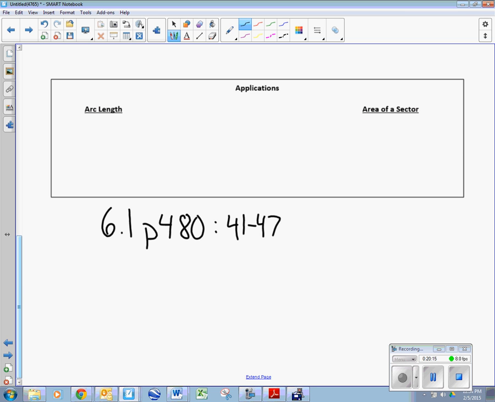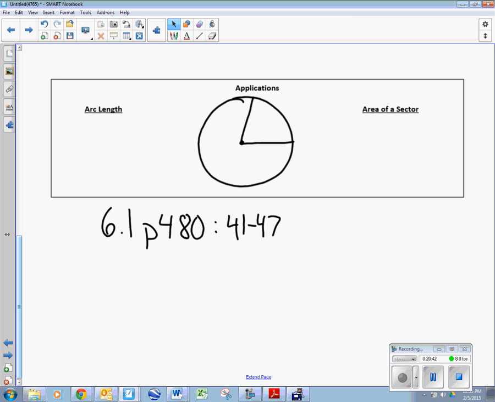Do you remember from geometry the terms arc length and area of a sector? If you have a circle and you draw a sector, listen to this language, that angle subtends an arc.